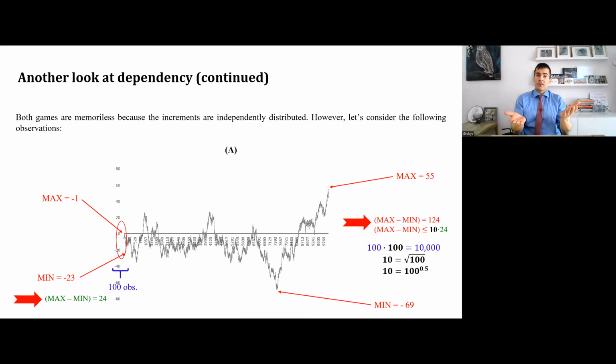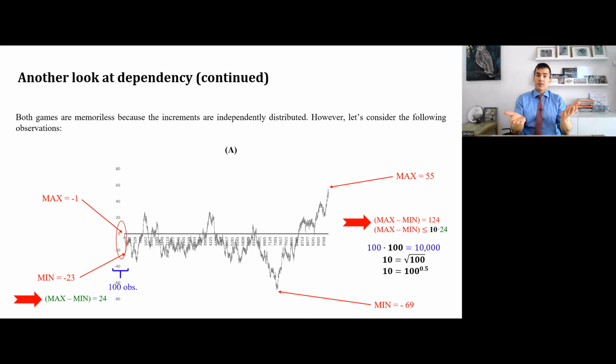So again, the sample in the beginning is 100, the total sample is 10,000. So the total sample is 100 times longer than the sample in the beginning. And 10, the factor, is what? It's the square root of 100, or 100 to the power of 0.5. So this is what we need to bear in mind here.